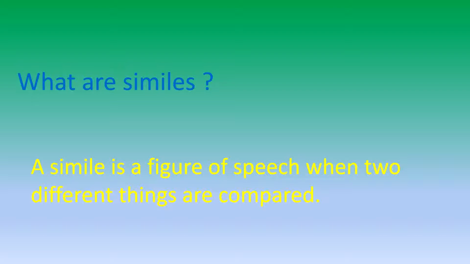Or if somebody is very naughty, you will say Anil is as naughty as a monkey. So there Anil is compared to a monkey. Some quality of the monkey is compared with Anil's quality. Same way the baby's cheeks are compared to butter, or the baby's lips are compared to a rose.